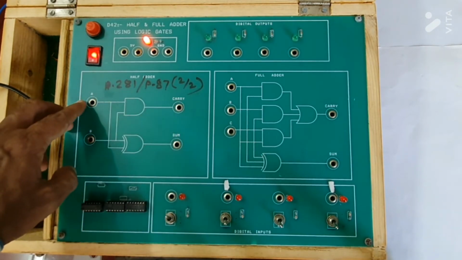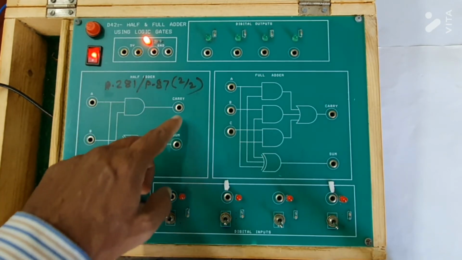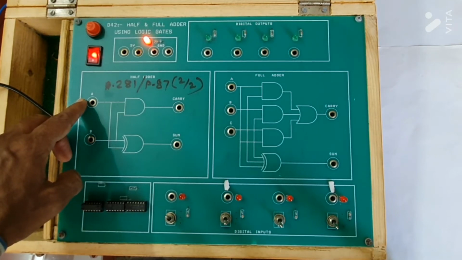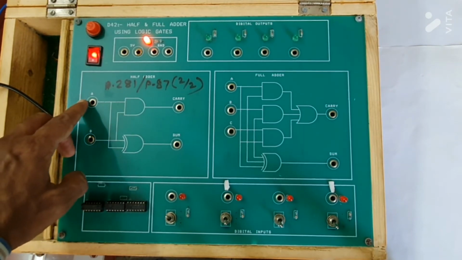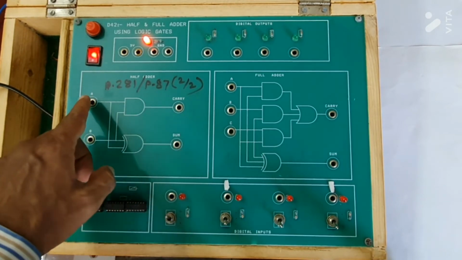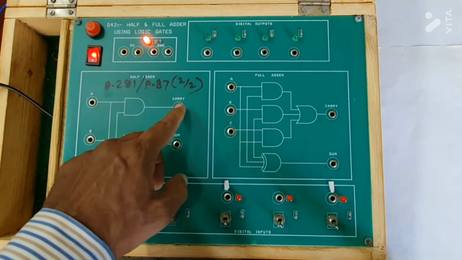When A is 1, B is 0, 1 plus 0, sum is 1, carry is 0. And when A is 1, B is 1, 1 plus 1, exclusive OR of 1 and 1 is 0. So sum is 0, and AND operation of A and B is 1, so carry is 1.